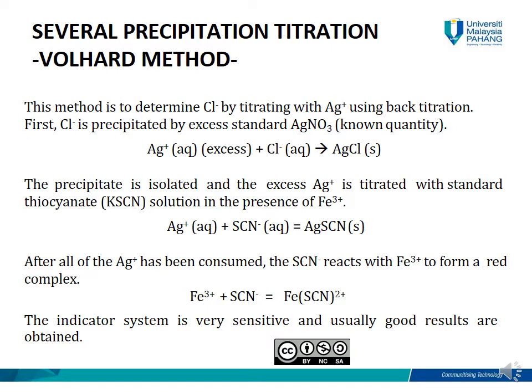So basically, the first chemical reaction that you can see from this slide is the one that we want. We want Ag plus, the silver ion, with the chloride ion to form silver chloride.